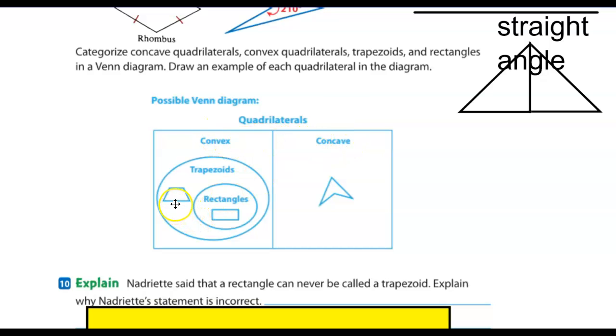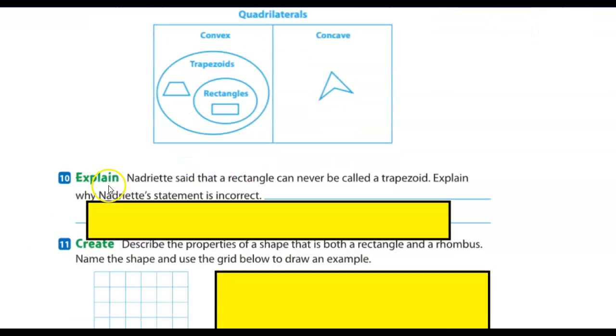And so here you have trapezoids, you have rectangles, you could also have a rhombus in here, but then over here on the concave, you have a shape like this right here. Alrighty, so pause the video, take time to draw this out, and then we will continue in just a moment.